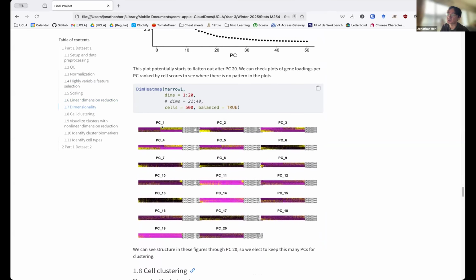I validate this also with a heat map where I look at the gene loadings per PC, ranked by how much the PC matters for that cell. It is kind of hard to see in the HTML, but I am able to validate that beyond 20 PCs, there isn't that much structure in these figures.